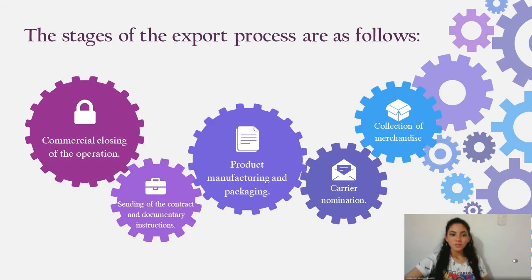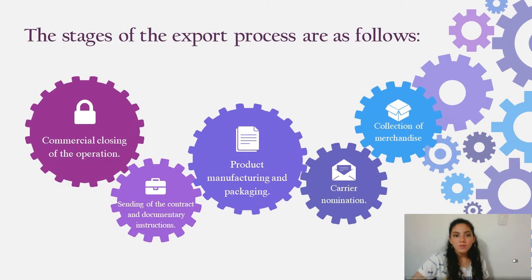When exporting, we will always have to ask ourselves the following questions. What are the stages of the export process? The stages of the export process are as follows. First, commercial closing of the operation. Second, signing of the contract and documentary instructions. Third, product manufacturing and packaging.